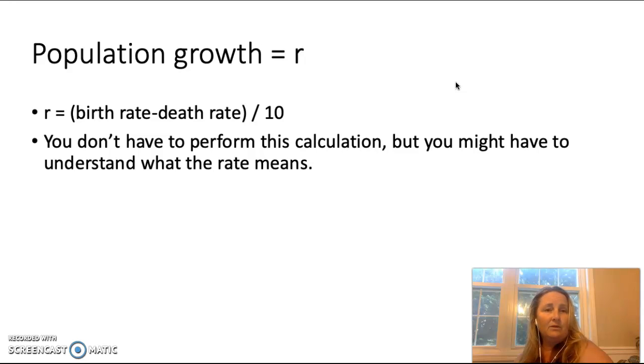And then the growth rate in a country like, say, Ethiopia or Uganda would be more like 3%. So we know that we have this higher growth rate. So you won't be asked to make the mathematical calculations, but they might flat out tell you, Uganda has a growth rate of this, and ask you to analyze what kind of effects that would have or how we would reduce the growth rate in that country.